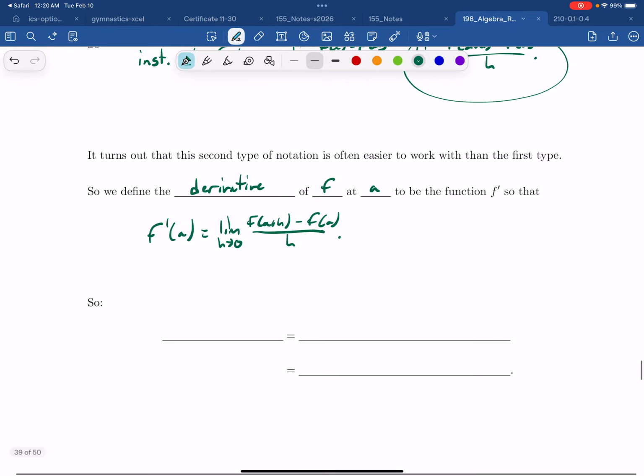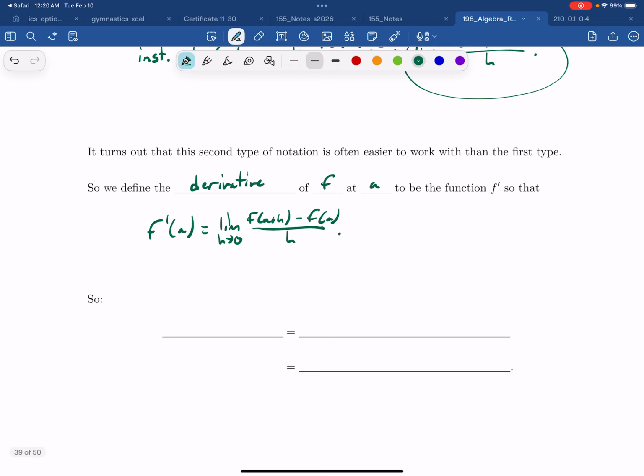Okay? So just to point out one more time, f prime of a equals the limit as h approaches 0 of f of a plus h minus f of a all over h. And that also equals this other limit, which we're not going to use quite as often, right? The limit as x approaches a of f of x minus f of a all over x minus a. Okay.